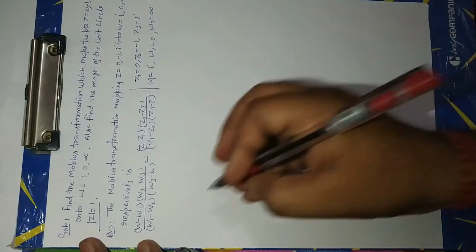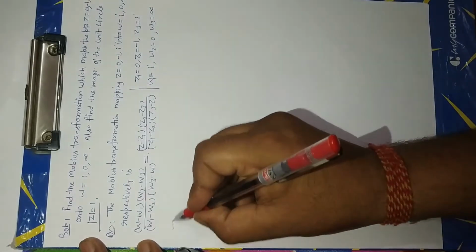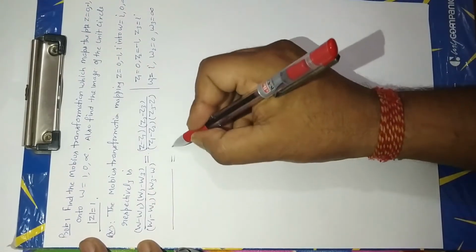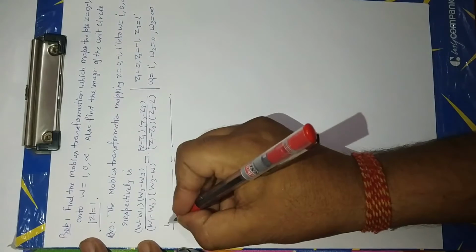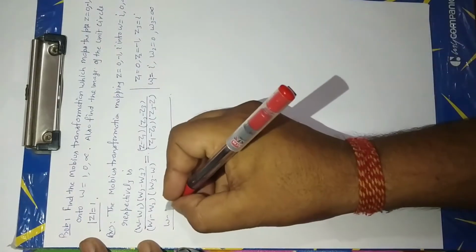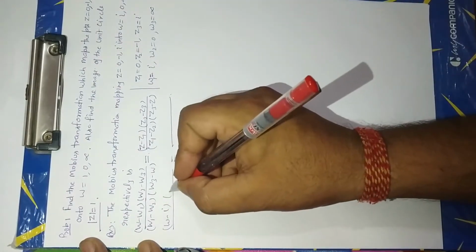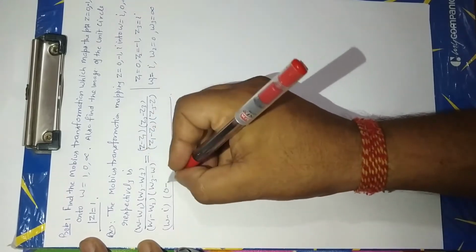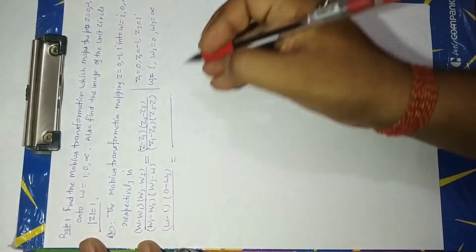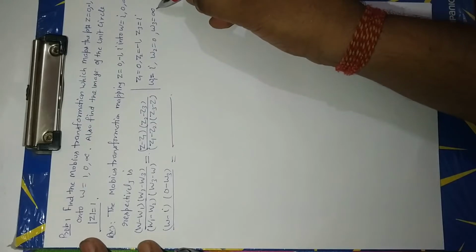Now putting the values of w's and z's. Now w minus w1, that is i, w2 0 minus w3. Now w3 equal to infinity.